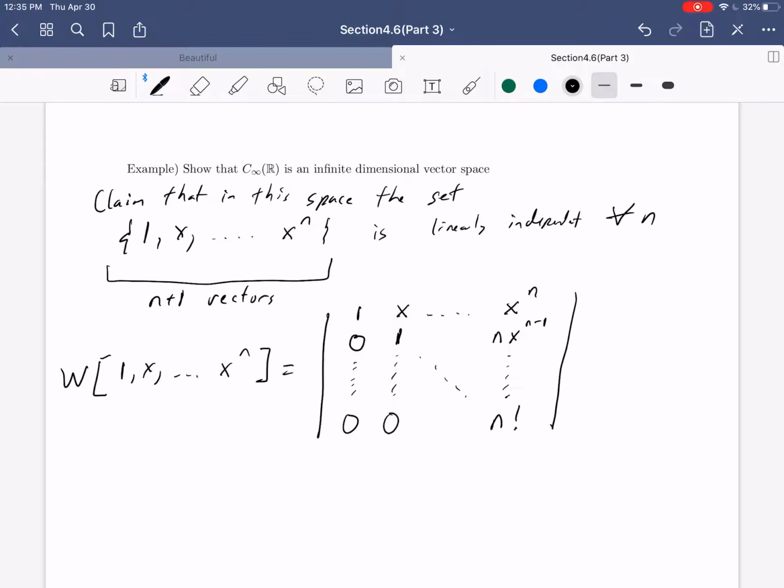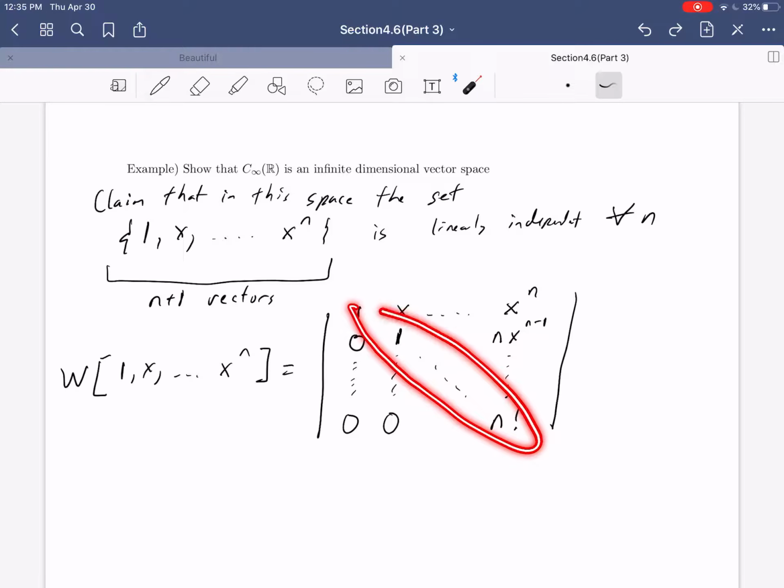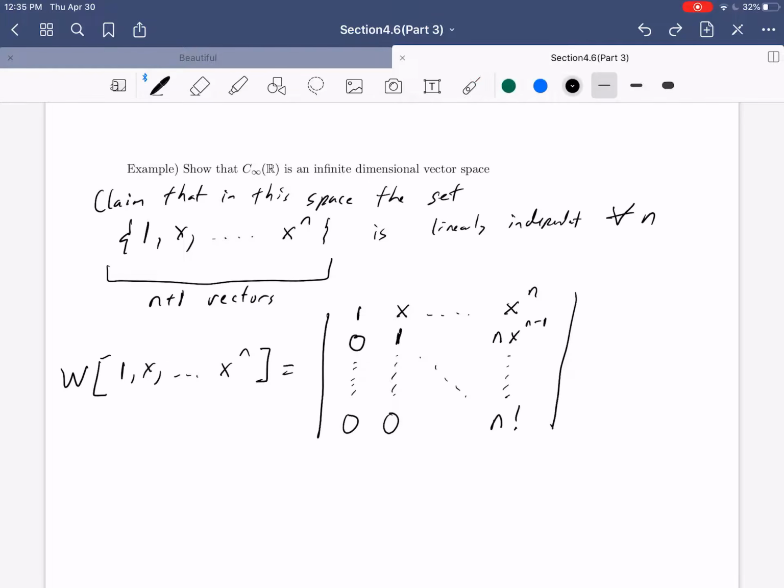Well, if you think about this then, what do we know about this sort of matrix here? Oh, well, this guy is an upper triangular matrix. What that means is that the determinant here is going to just be the product of these elements. But it shouldn't be hard to see that everything on the diagonal is just going to be a constant. This is going to be equal to some number.